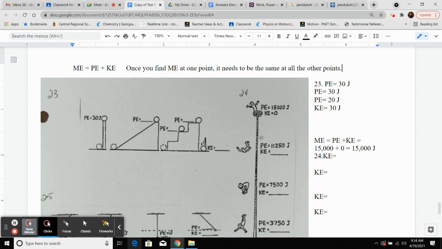So if I know the mechanical energy right off rip is 15,000, this potential plus another number has to equal 15,000, or just do 15,000 minus that 11,250. And that is going to give me 3,750 joules.